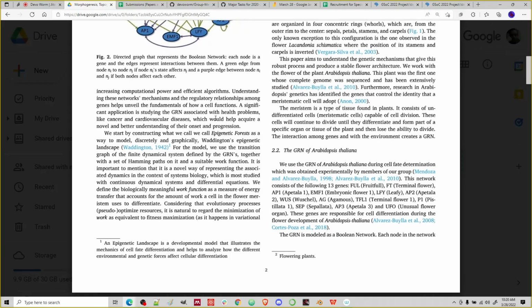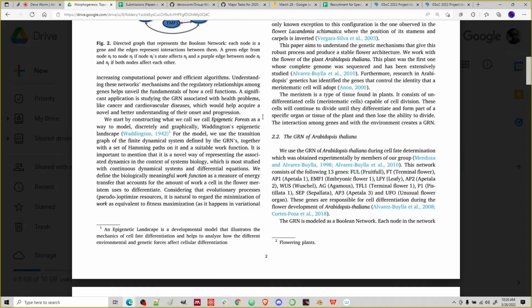And so they use this approach called epigenetic forests, which is based on the epigenetic landscape, where you have the ball and it falls down into these different wells, and that's the trajectory of the phenotype.